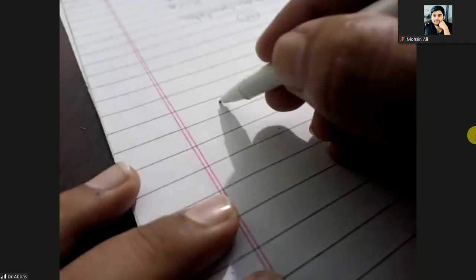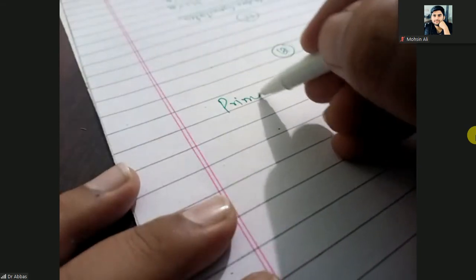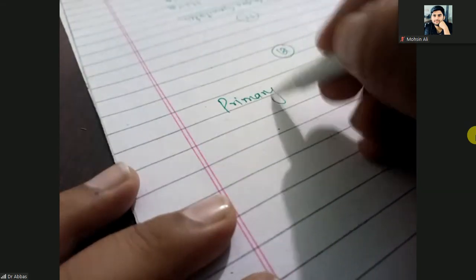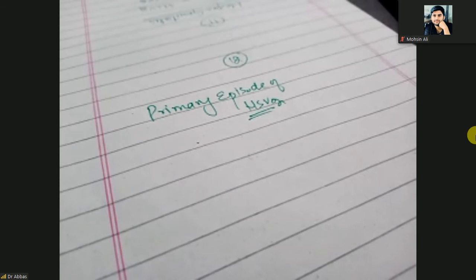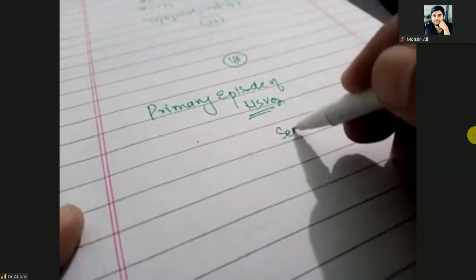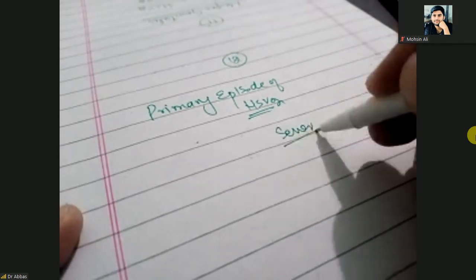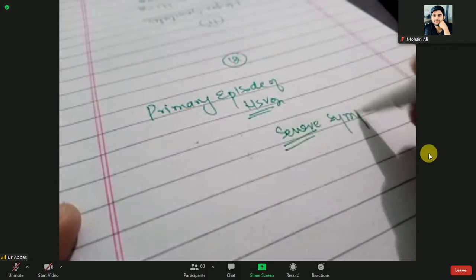So when there is a primary exposure or primary episode due to HSV2, here is the primary episode, herpes genitalis. Okay, in the case of the female, the primary episode will have very severe symptoms.